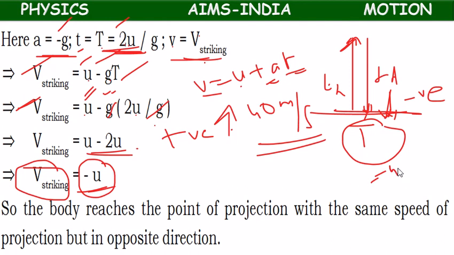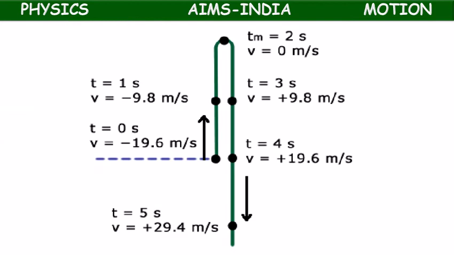Its value is minus 40 meter per second. So with whatever velocity we project the body, with the same velocity it will hit the ground, but in the opposite direction. Okay, children?